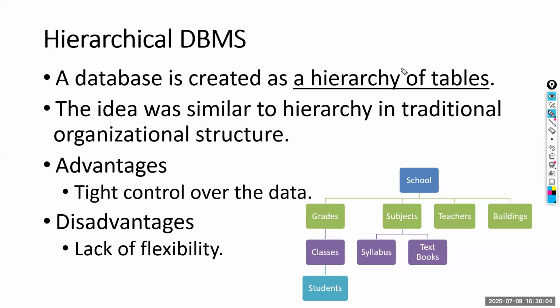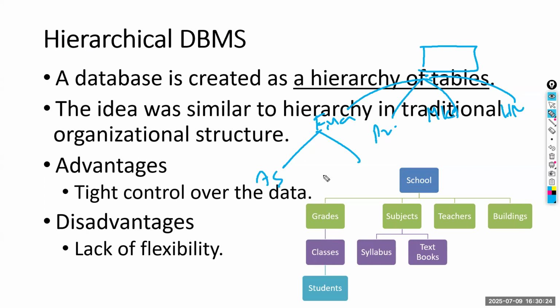If you take an organization, we can think of finance related data, marketing related data, HR related data, production related data. Then finance related data may be assets, liabilities, and so on: fixed assets, current assets, whatever makes sense, but it must be hierarchical.